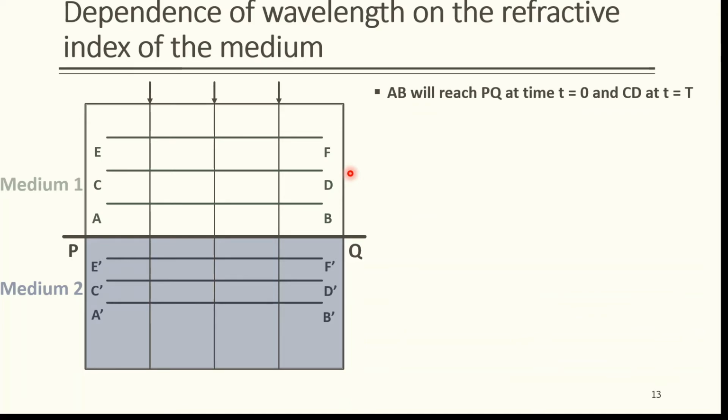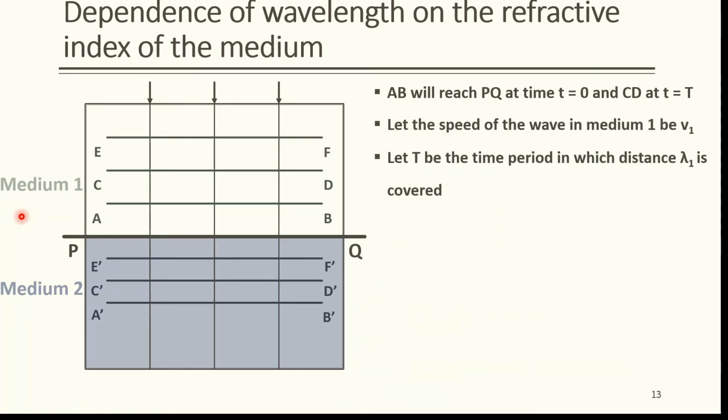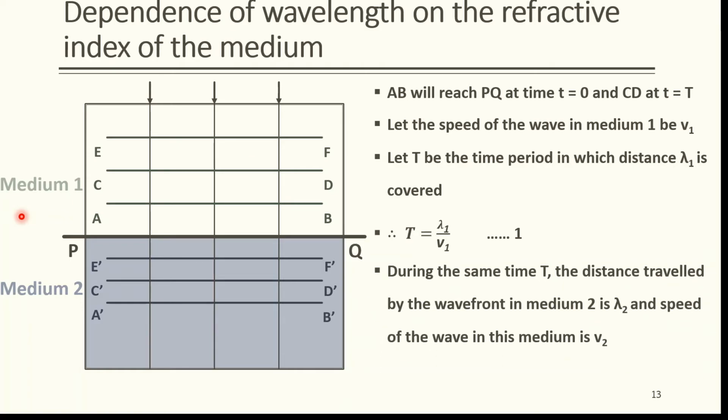Let the speed of the wave in medium 1 be V1 and t is the time period in which distance λ1 is covered. Then we get t equal to λ1 upon V1. During the same time t, distance travelled by wavefront in medium 2 is λ2 and speed of the wave in this medium is V2.